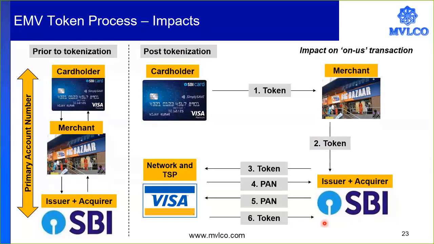But this time the underlying is the token number and not the PAN. So the details are now with SBI. The token moves back to the merchant, and based on this token reference, the transaction is said to be approved or rejected. So earlier, when we had such a small cycle, once we have this tokenization in place, the cycle of transactions is going to increase. That is another impact.